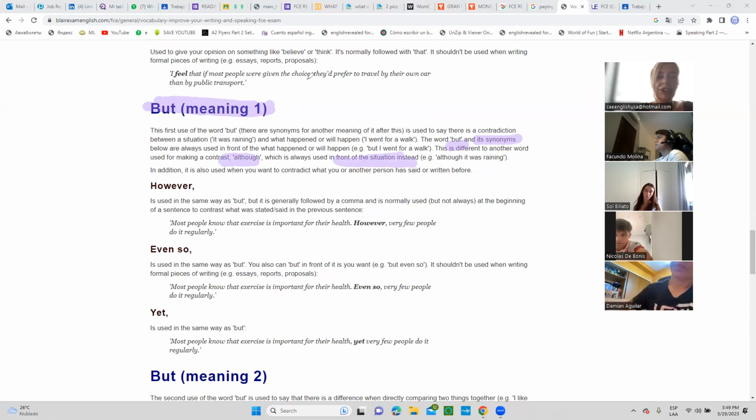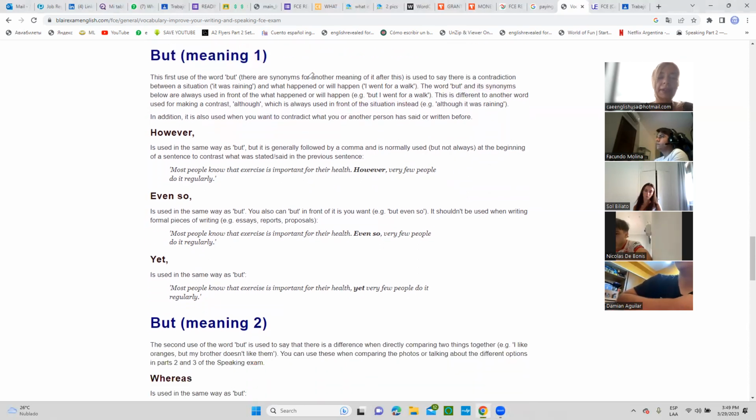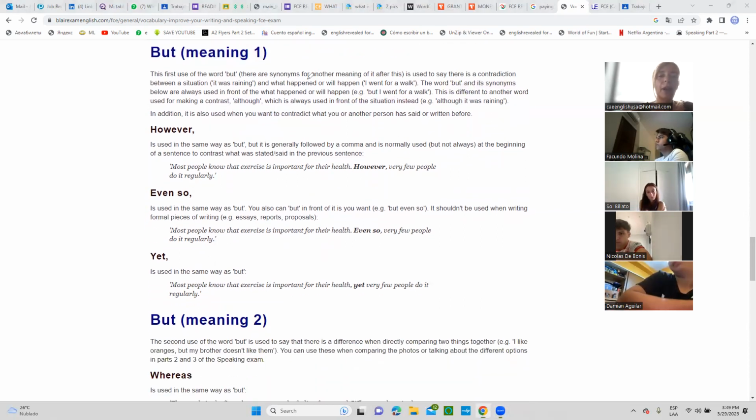Okay. In addition, it is also used when you want to contradict what you or another person has said or written before. All right, so let's see. Instead of using but, we have better options, of course. However, you know about however. We already talked about this. However is used in the same way as but.